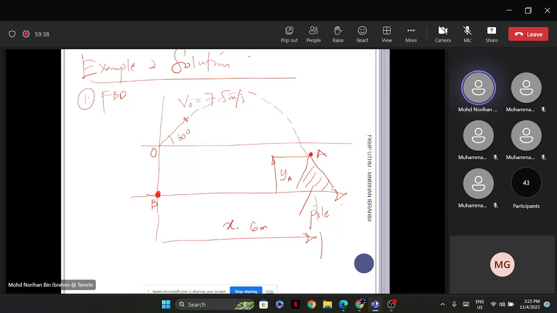So XB is equal to 0. Okay. So the height from B horizontal line until this height of O is equal to 2.1 meter.